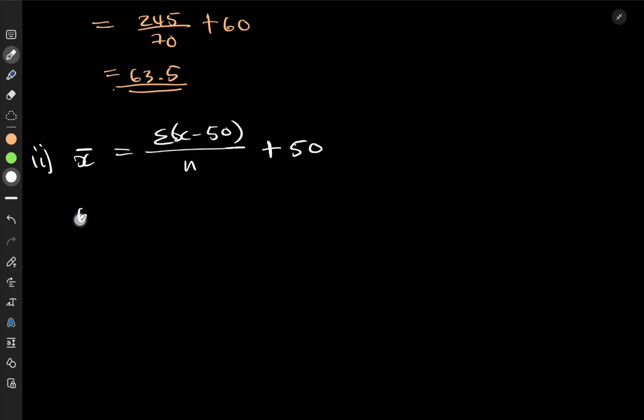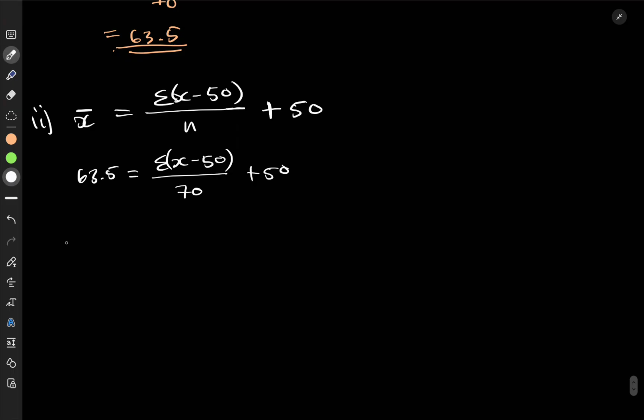So I know the true mean is 63.5, and it is the sum of x minus 50 that I'm looking for. I know that I have 70 terms, and it'll be plus 50. So I'll take 50 to the other side, making it the subject of the formula.